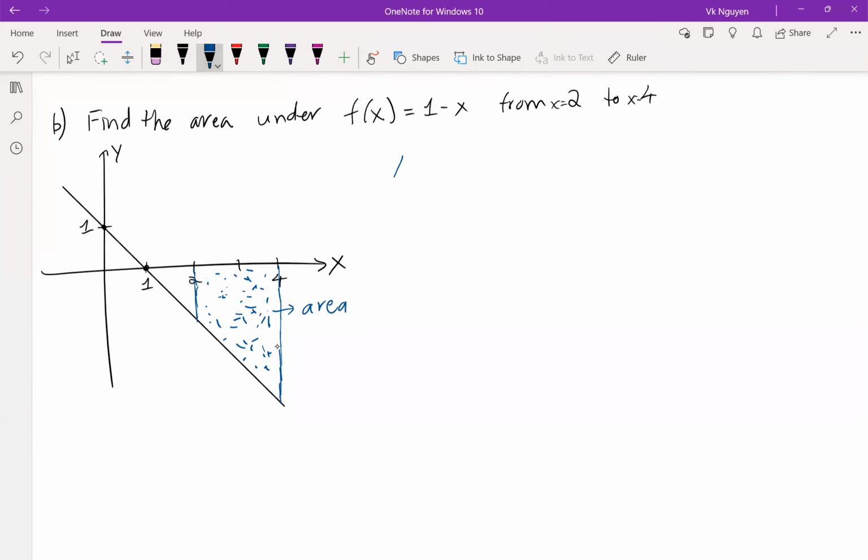Okay, area would be the limit of the Riemann sum. Here we know that delta x is 4 minus 2 over n, which is 2 over n. x sub i is a plus i delta x, which is 2 plus i times 2 over n.